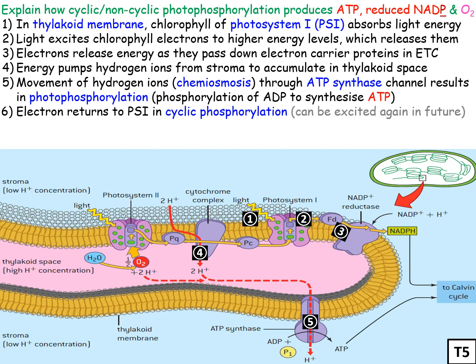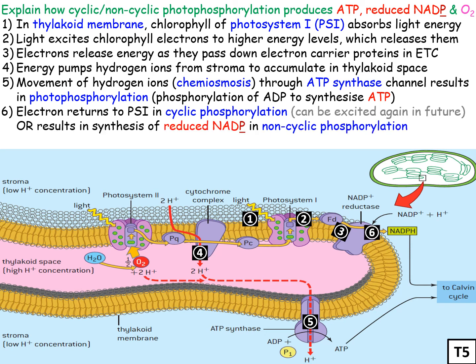The electron that is passed down from one electron carrier protein to another in the electron transport chain can then do two things. It could either return back to photosystem 1, which is known as cyclic phosphorylation, and that electron can therefore be excited again in the future, or the electron can be given to NADP.